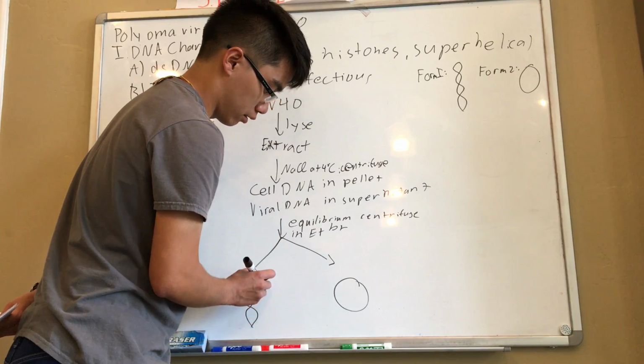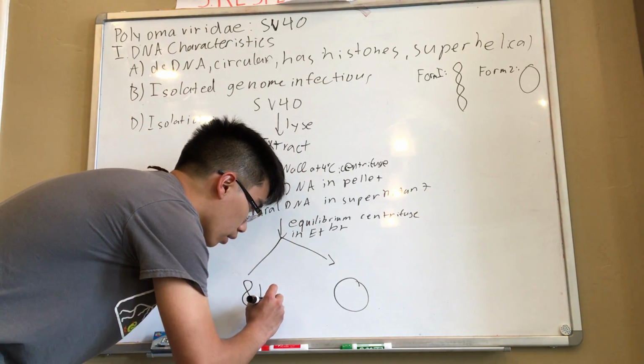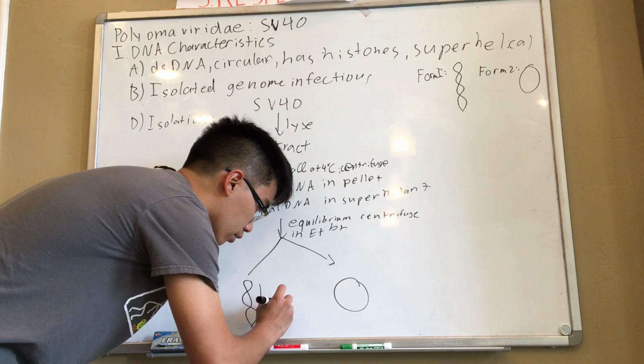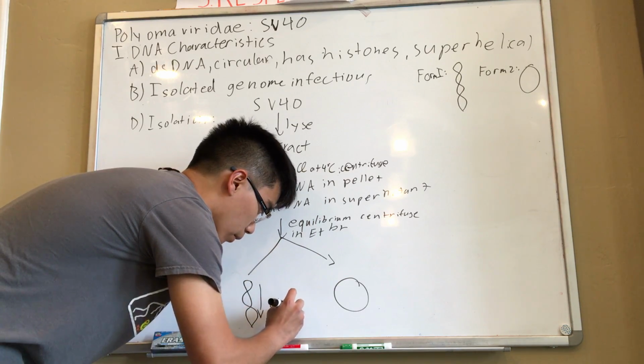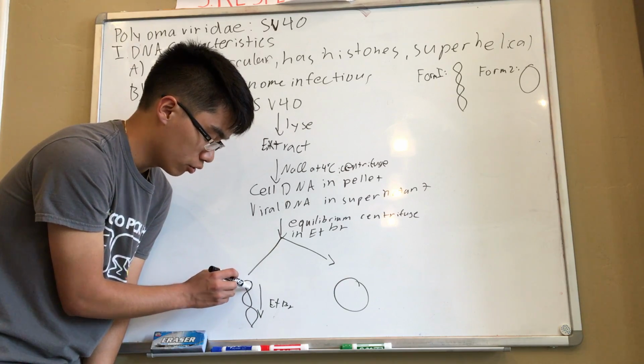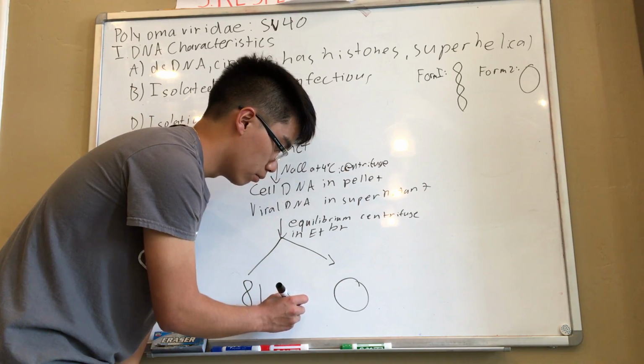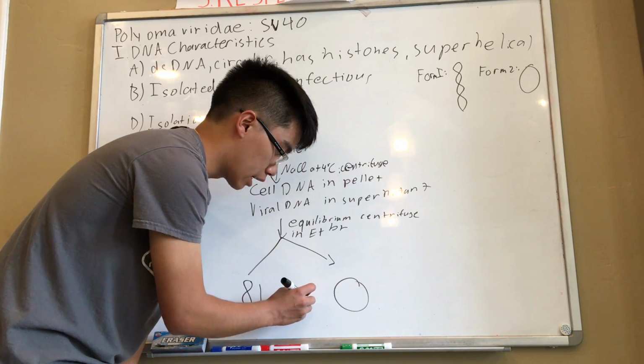And the superhelical form does not bind ethidium bromide very well, because it's in a superhelical form, so there aren't many spaces for ethidium bromide to bind. Because there's little ethidium bromide binding, its density is high.